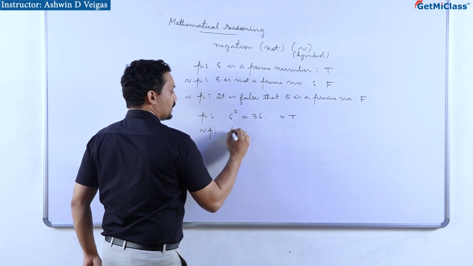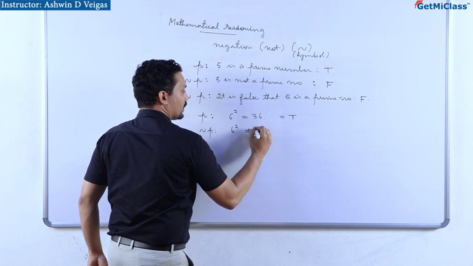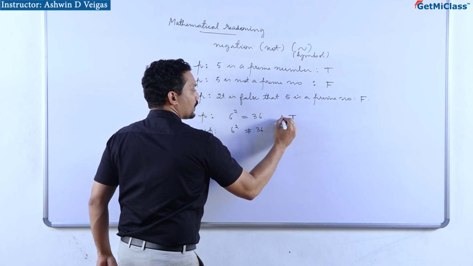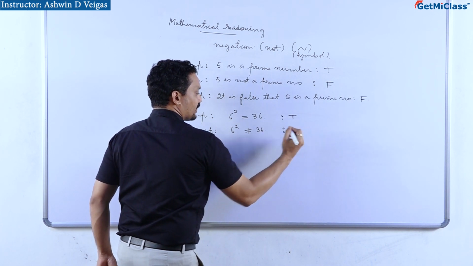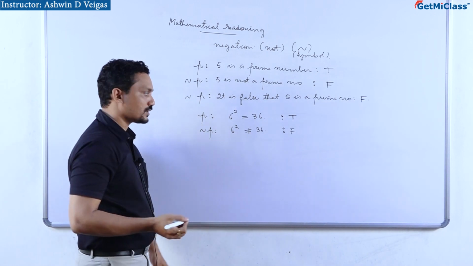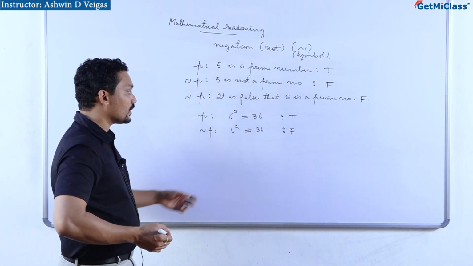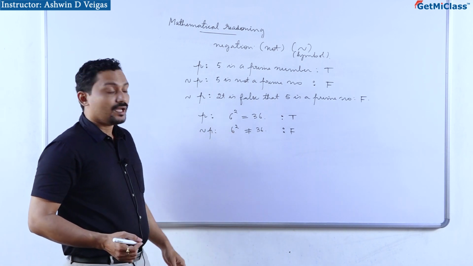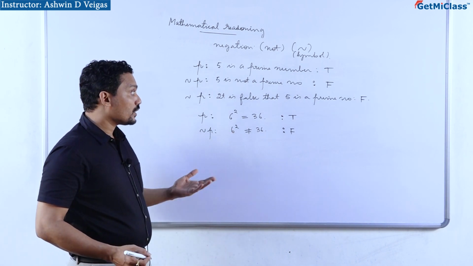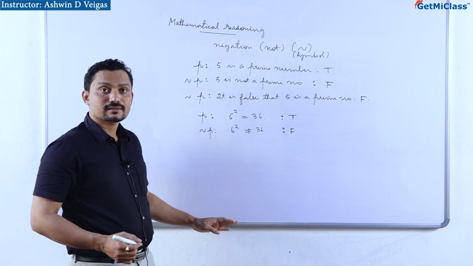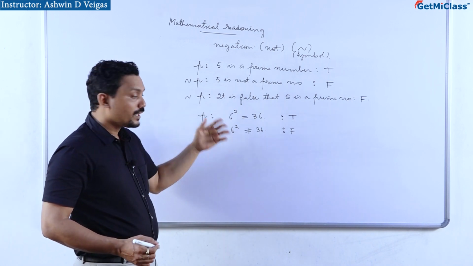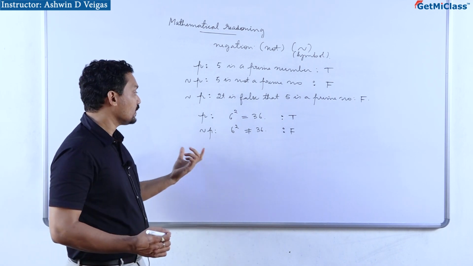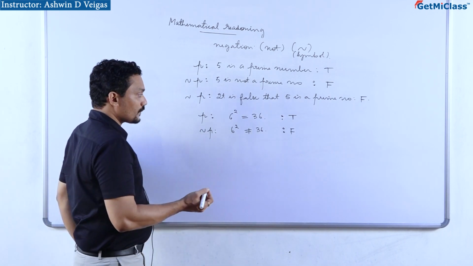So, negation P is 6 square is not equal to 36. If you say it like this, the truth value becomes F, false. So, this is what is meant by negation. And the very important part in negation is that you should not make alternate statements. That is very important when you do the negation.